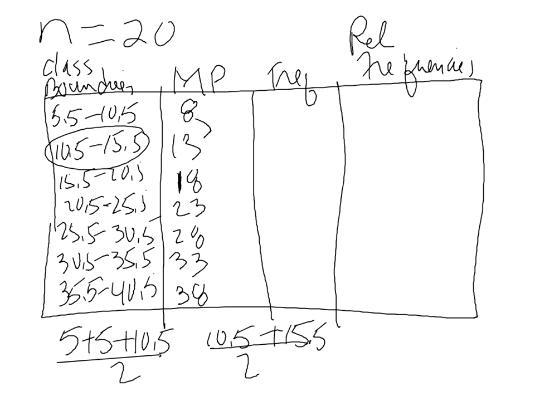Now we can go back to the chart at the bottom of page 61. There was one runner that did between 5.5 and 10.5 miles a week. Now, here's what we're going to do. We're going to change that one runner to 1 divided by 20, which is 0.05.